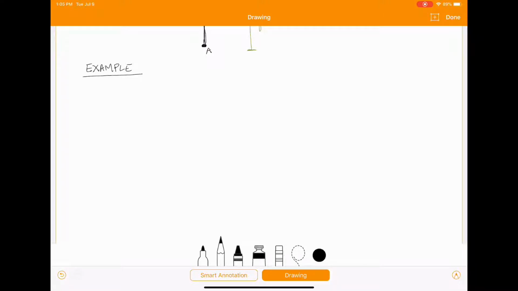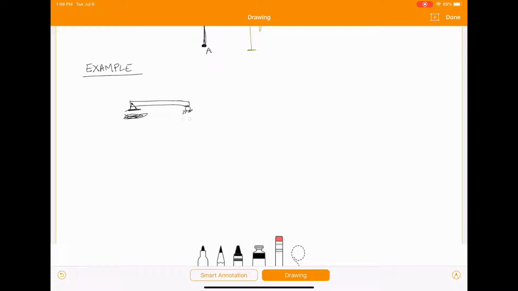Let's look at a simply supported beam. Now, when I say simply supported, it means that it's pinned on one end, like here, and there's a roller on the other end here.